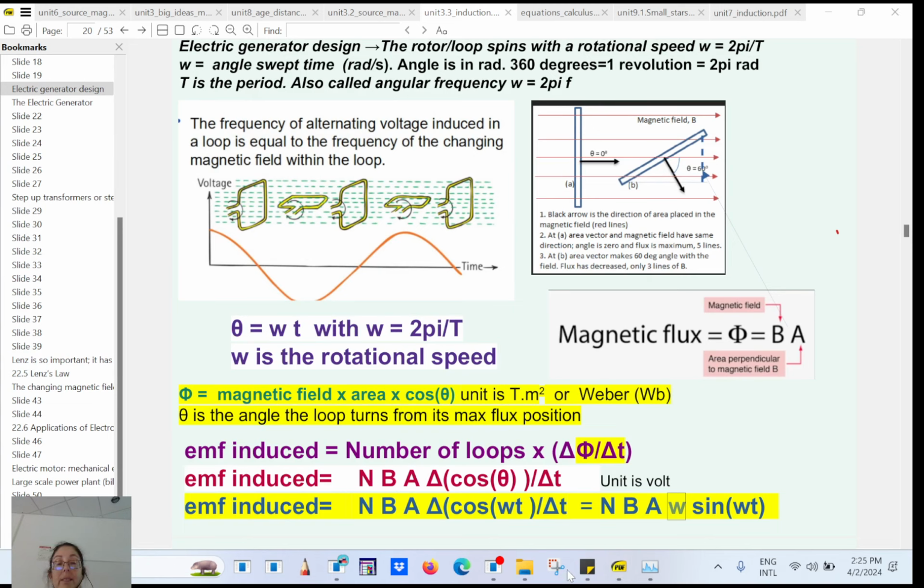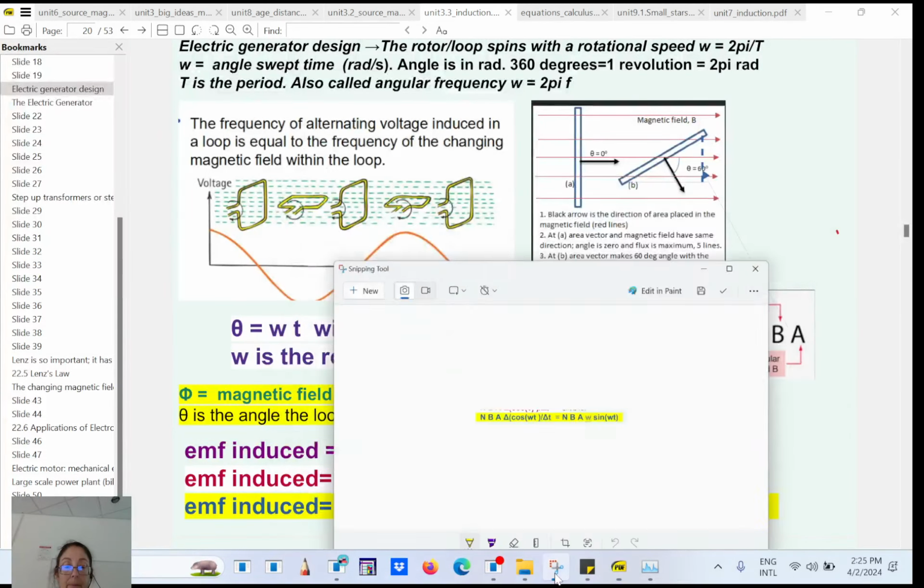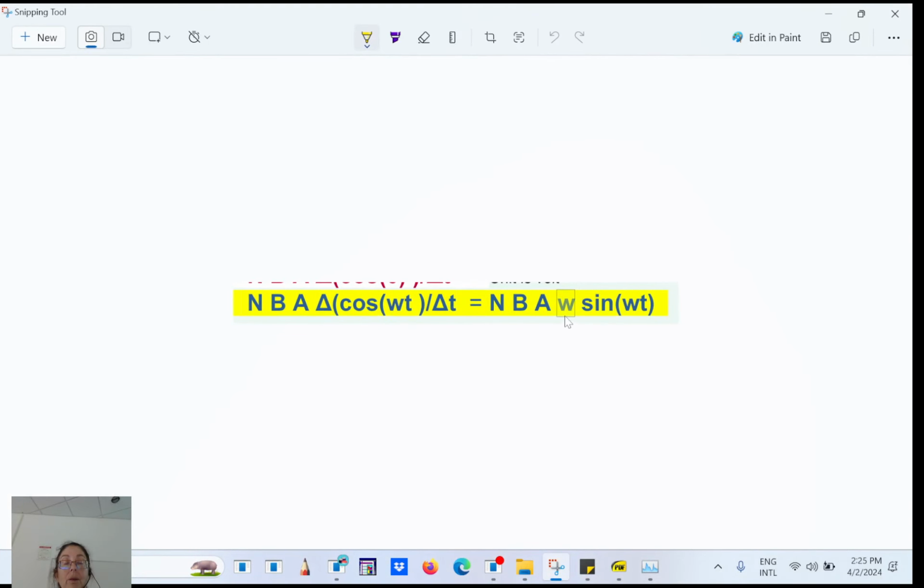So let's review physics 1 just a tiny bit. Remember in physics 1, you used to have delta x, a displacement, equals the speed times the time, right? So that was for a linear speed. Displacement is in meters, the speed is in meters per second, and time is in seconds.